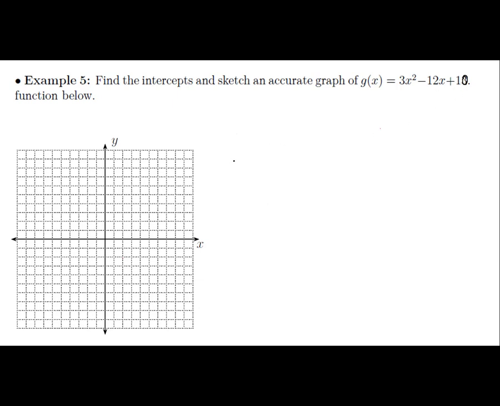So in this one, I'm not going to go through all the steps. We just went through all those in the previous example. So what I would like you to do is pause the video and try this one all on your own. And then when you hit play again, I'll go ahead and write out the answers you should have arrived at.